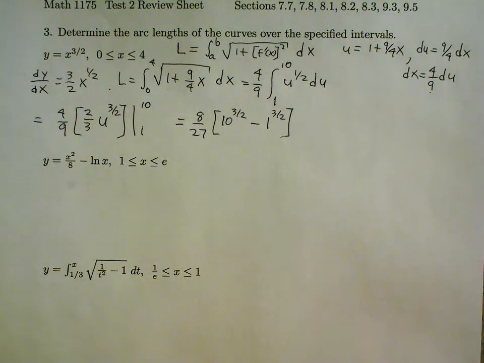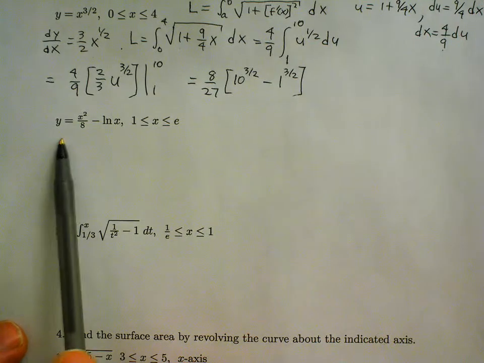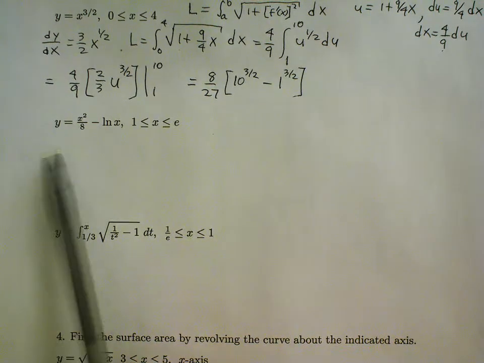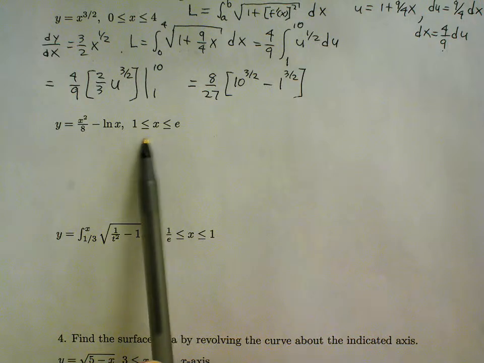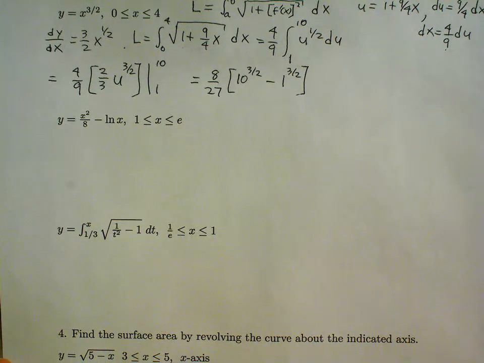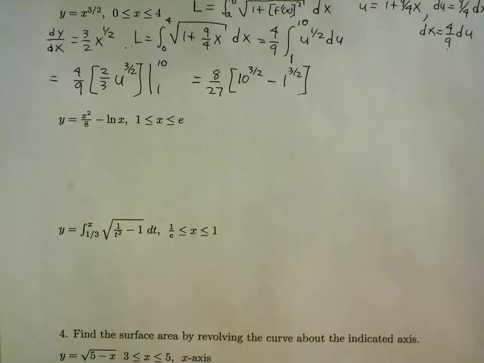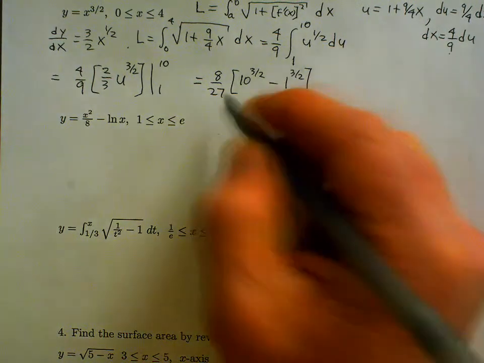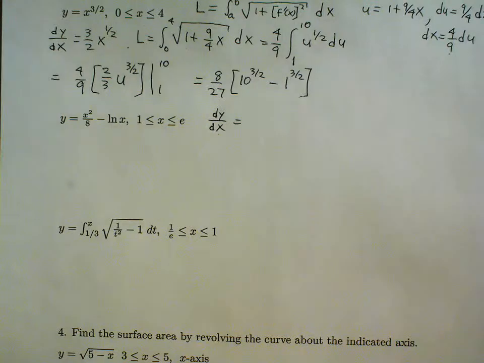Okay, the next example, find the arc length of y equals x squared over 8 minus the natural log of x on the interval from 1 to e. Okay, we need to find the derivative, dy/dx.